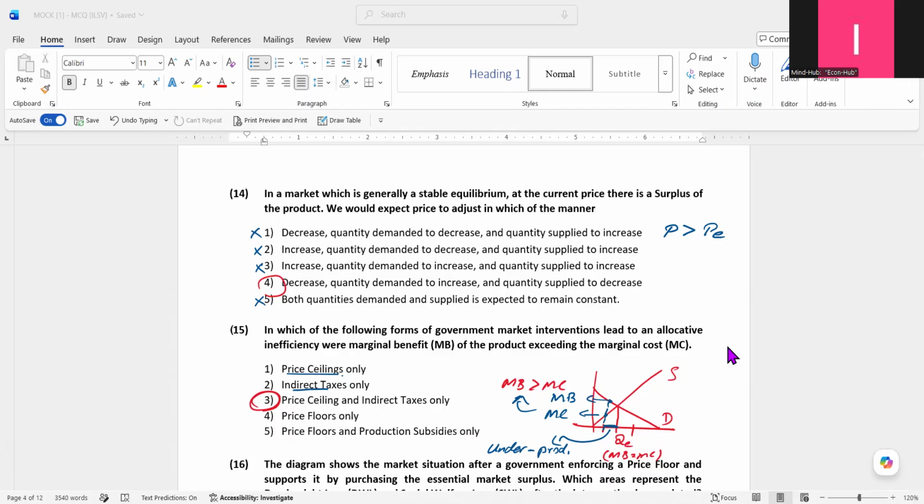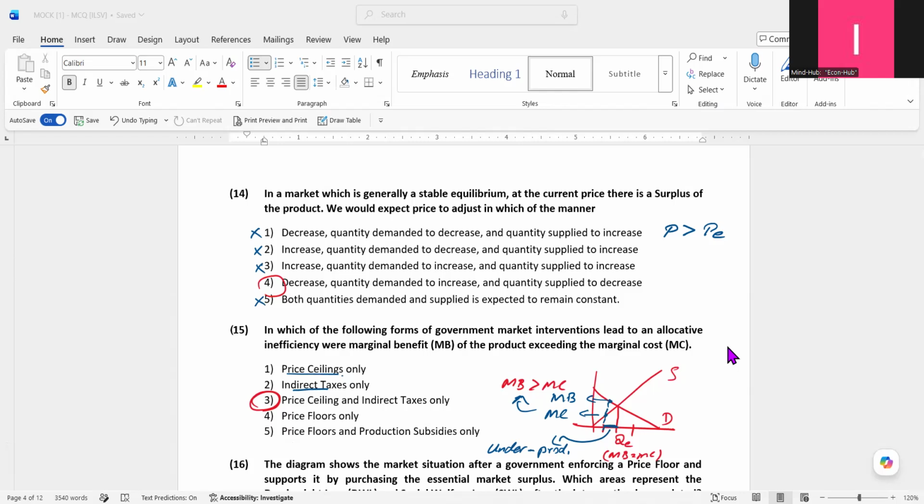So if the market wants to come to equilibrium, price should start to decrease. As price starts to decrease, as the price mechanism applies decreasing pressure on price, quantity demanded will start to increase, and quantity supplied will start to decrease.